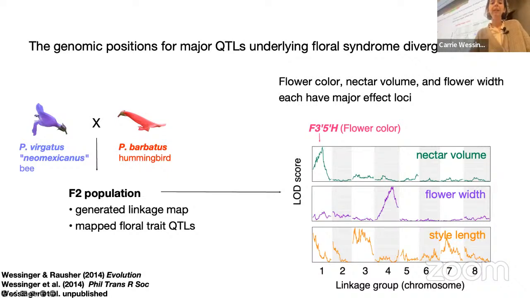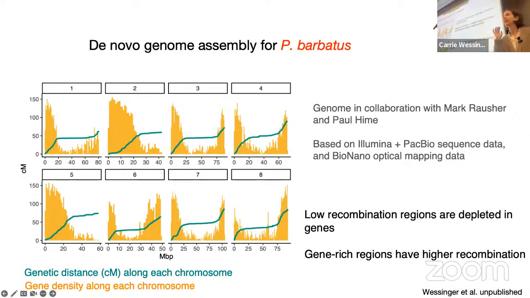Okay, so we have recently generated a de novo genome assembly for Penstemon barbatus, the hummingbird pollinated species. So this means that we can identify the physical locations of these floral trait QTLs. And I wanted to just give you a quick piece of information about our genome assembly.